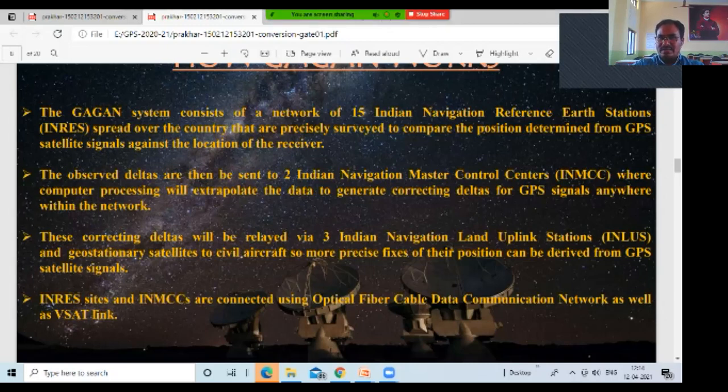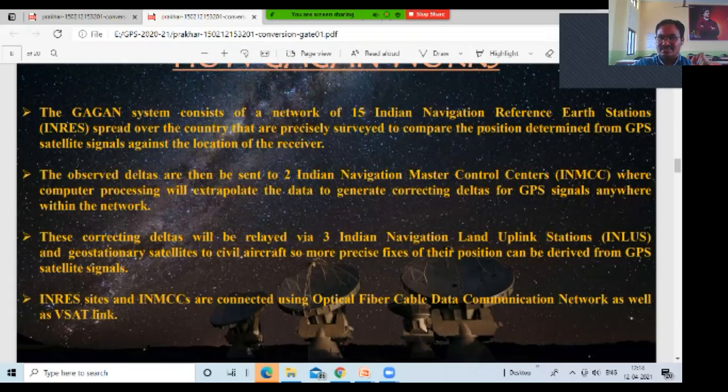Then the observed deltas, that is changes, are sent to the 2 Indian Master Control Centers. I said there are 2 master control stations where the computer processing will extrapolate the data to generate the correcting deltas for the GPS signals anywhere within the network.